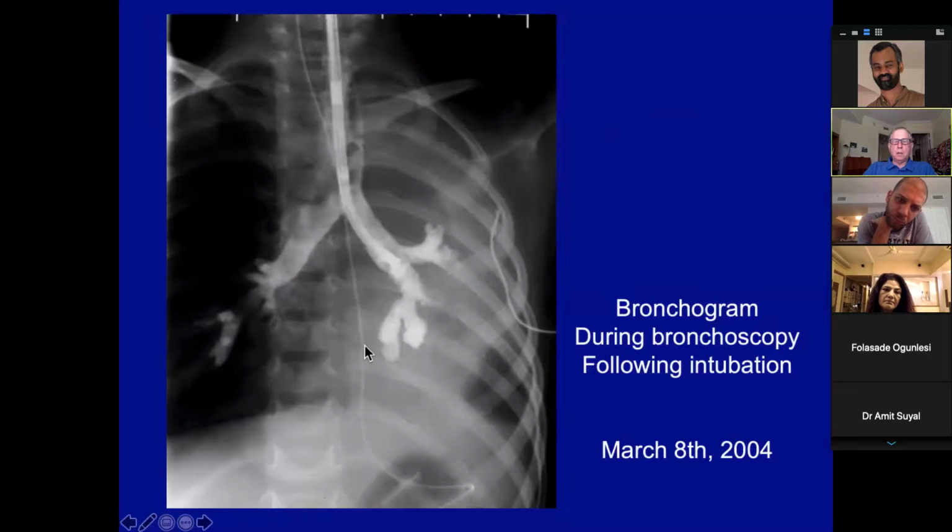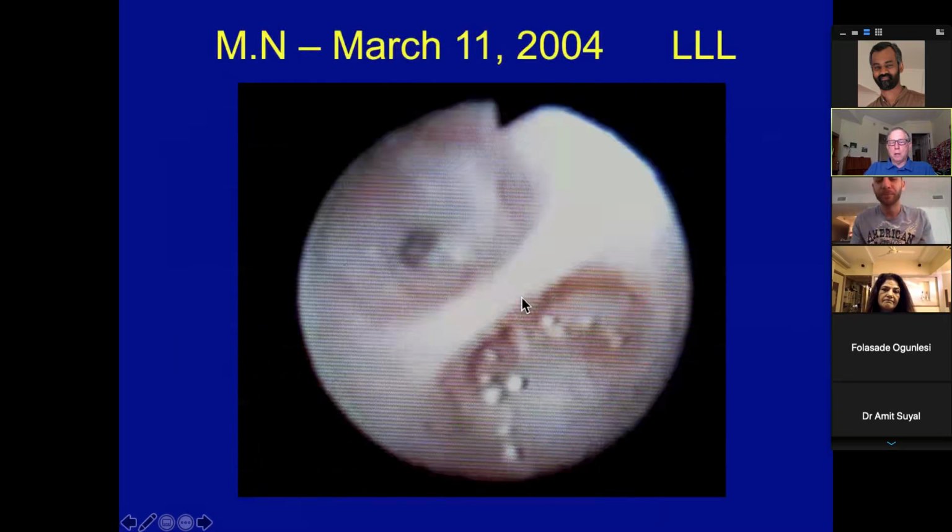And this is the bronchial tree. We showed essentially obliteration or plugging or some type of inability for the dye to spread as it should, affecting both lungs. And so the idea came up that this is a bronchiolitis obliterans.